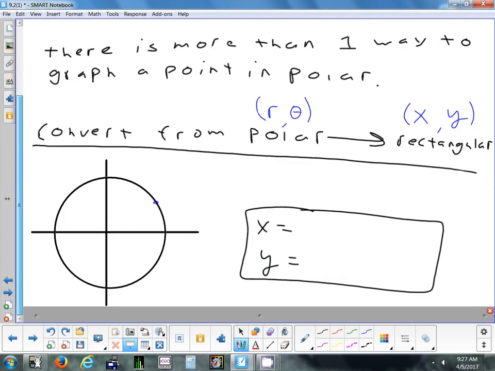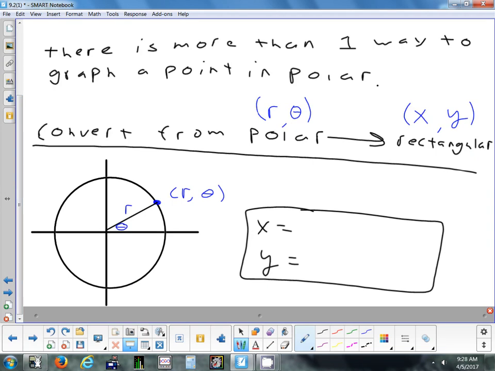So let's say we had a point right there, and it's in polar. So I have the radius, which would be that distance. So that's r. And I have theta. That's the angle. I would know those two things.